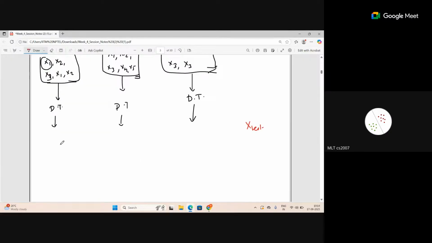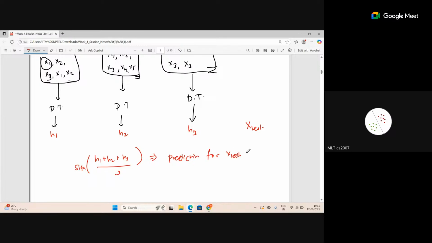The prediction for that from decision tree 1 is h1, from decision tree 2 is h2, and from this one, let's say h3. And what do you do then? You average them out, and that is the final prediction for x test.